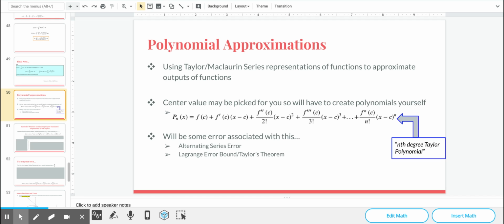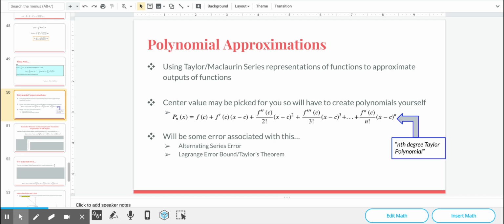Now, when going through these problems, the center value might already be picked for you, and the Taylor polynomial itself might not be constructed. And so there's two big parts to today's video. The first big part is actually creating and constructing a Taylor polynomial.